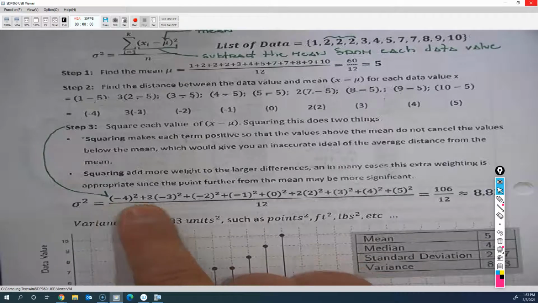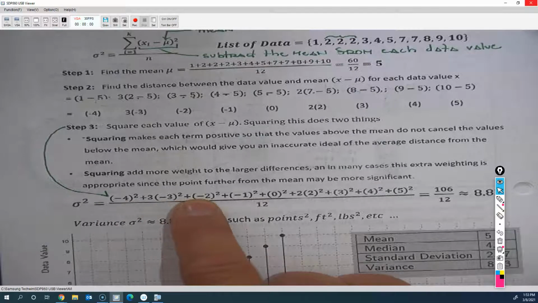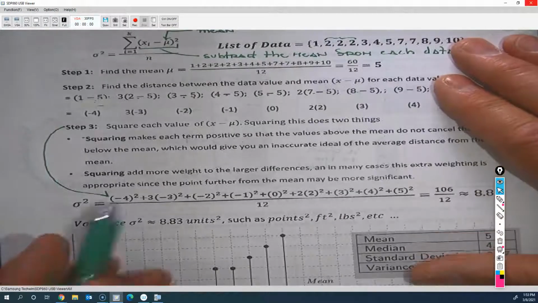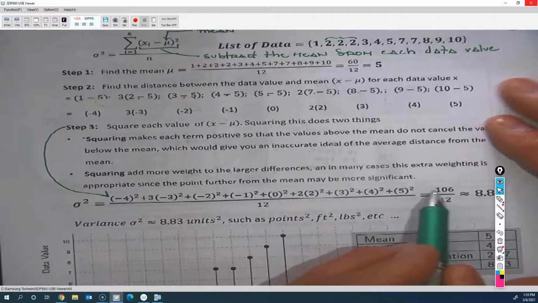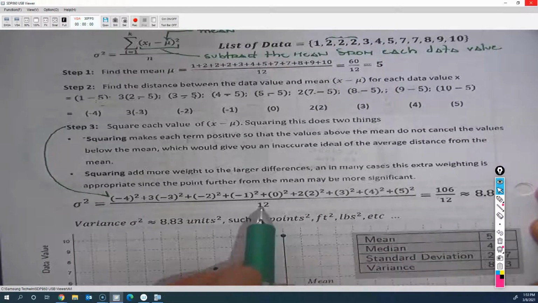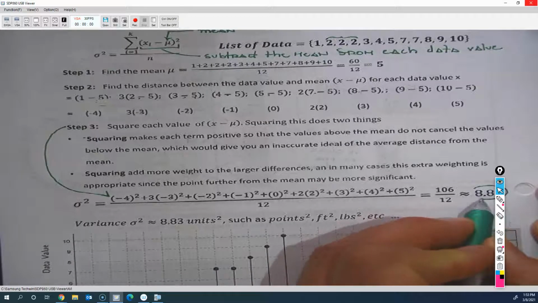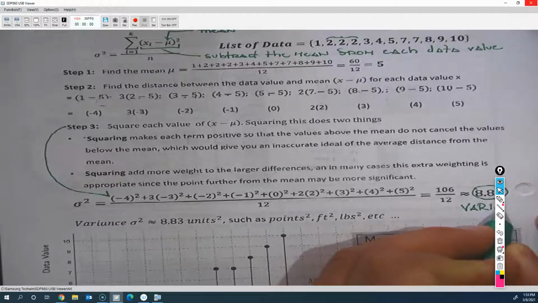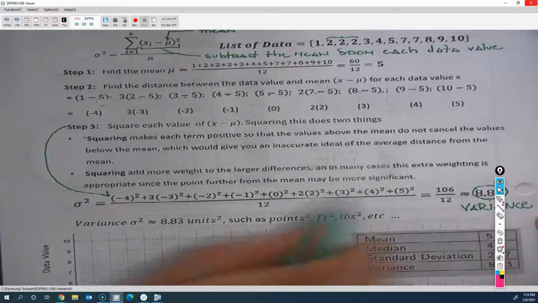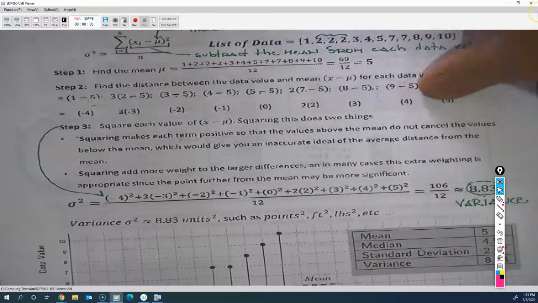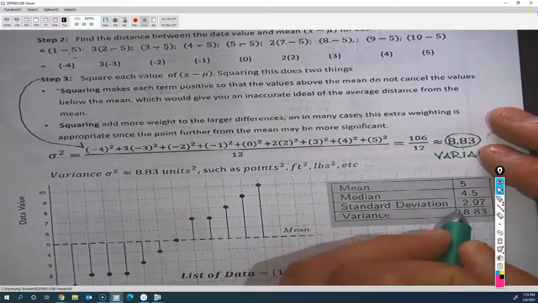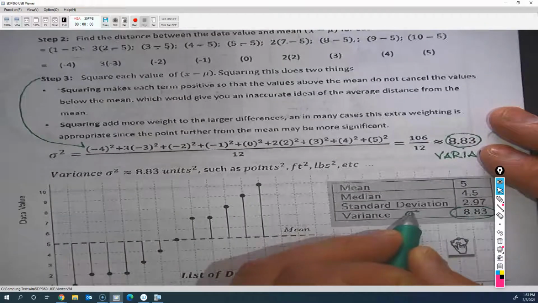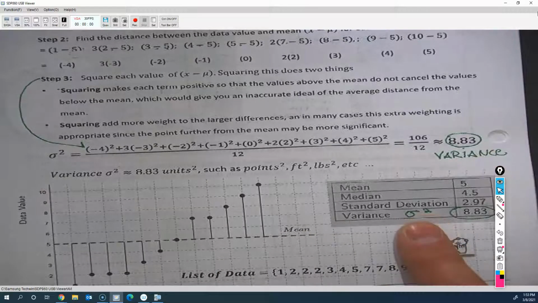So -4 squared, -3 squared, -2 squared, -1 squared, etc. Then I take all of those numbers and I add them up and divide by 12, and that is the variance, not the standard deviation, the variance. Okay, that's this number right here. And that's its symbol.